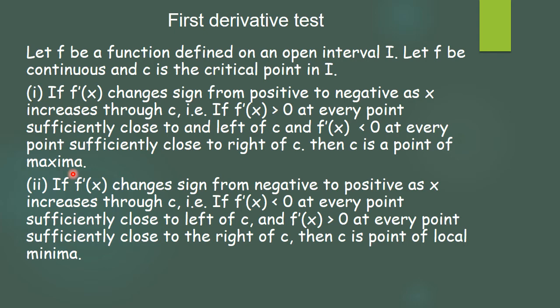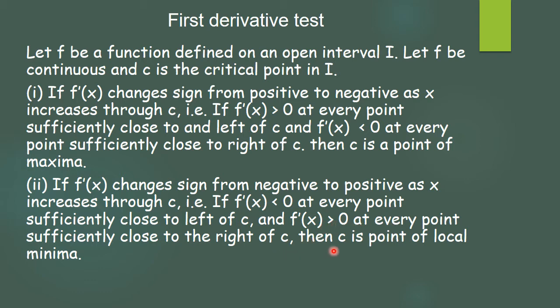While the second is the reverse. f dash of x changes sign from negative to positive. It means initially f dash of x was negative up to the point C, that is, to the left of C it was negative. And to the right of C, sufficiently close to C, f dash of x becomes positive.